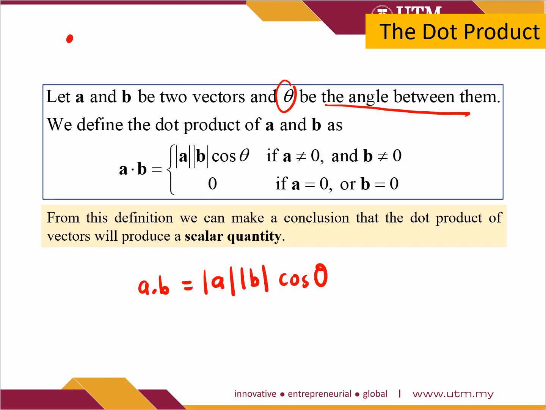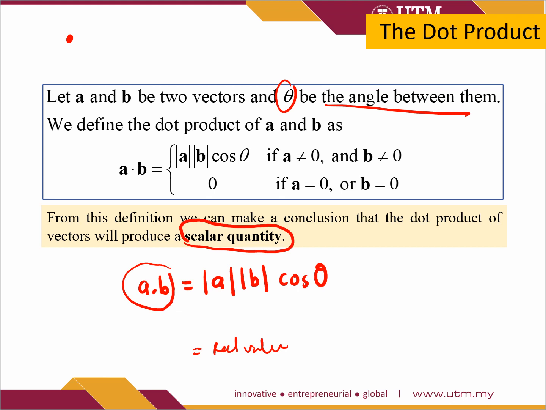From this definition, we can conclude that the dot product produces a scalar quantity. Please remember, we will always have a real value when we do the dot product.